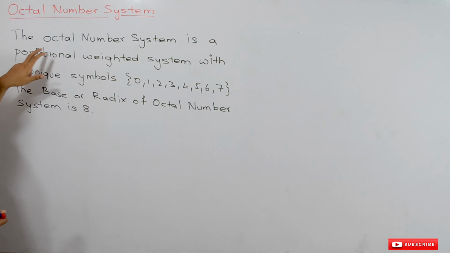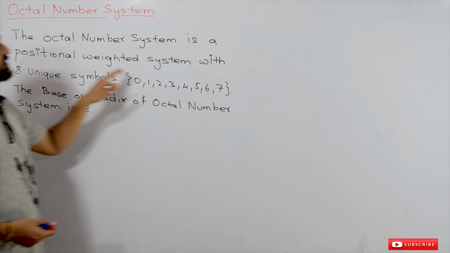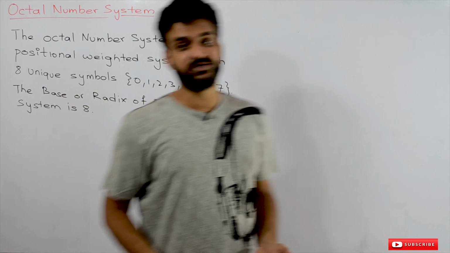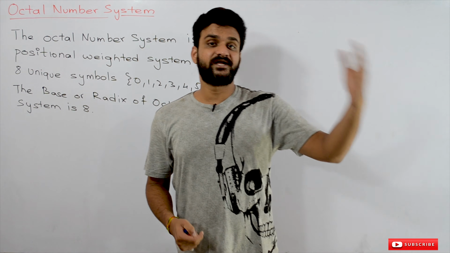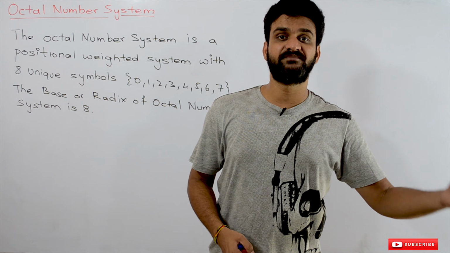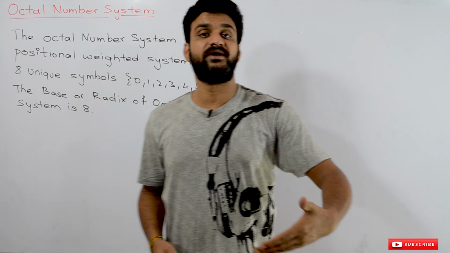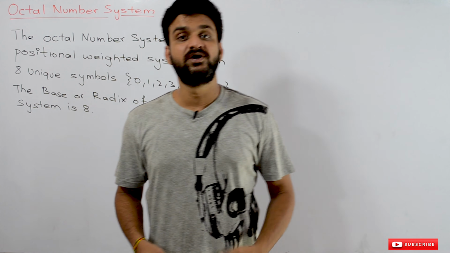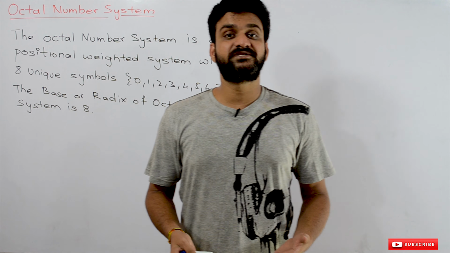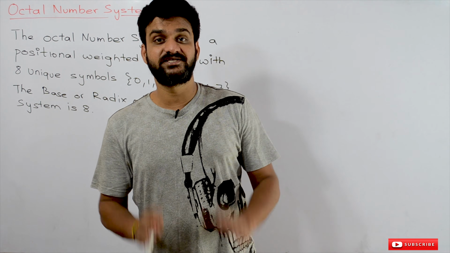Now the octal number system is a positional weighted system. So what is meant by positional weighted system? The binary number system, decimal number system, and the octal number system, all these 3 number systems that we have covered so far are positional weighted systems.